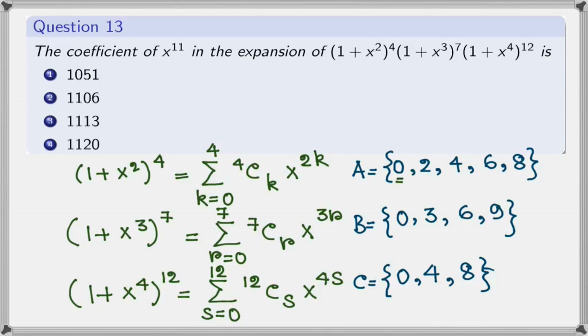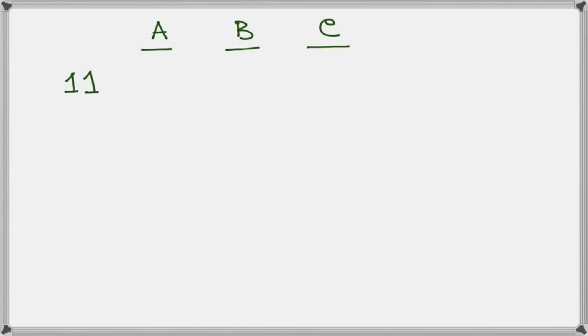So if we take 0 from the first set A, then we can take 3 from the set B and 8 from the set C. 0, 3 and 8. So 11 is equal to 0 + 3 + 8. Now we can note that for 11 fixed here and 0 fixed here, there are no more possible choices in B and C other than 3 and 8.